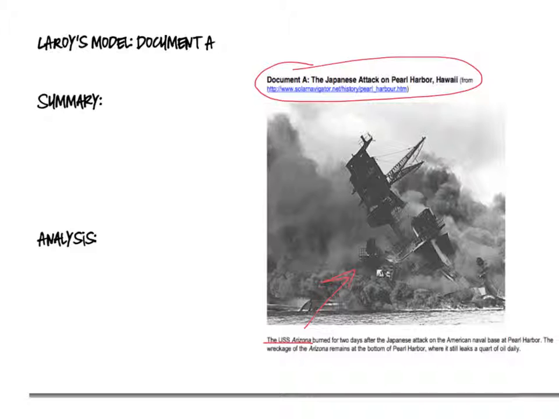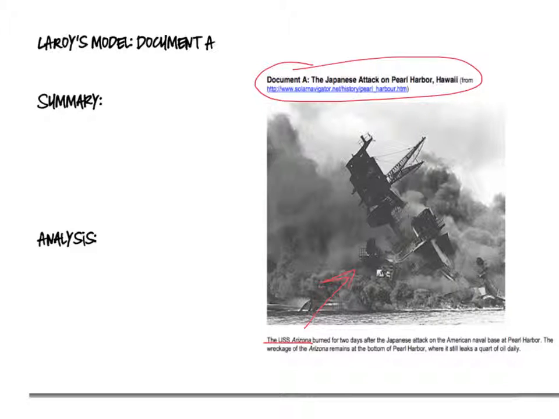The wreckage of the Arizona remains at the bottom of Pearl Harbor, where it still leaks a quart of oil daily. Alright, so I see a picture. I know what is happening. I know this happened when Japan attacked America at Pearl Harbor. That's what I see.